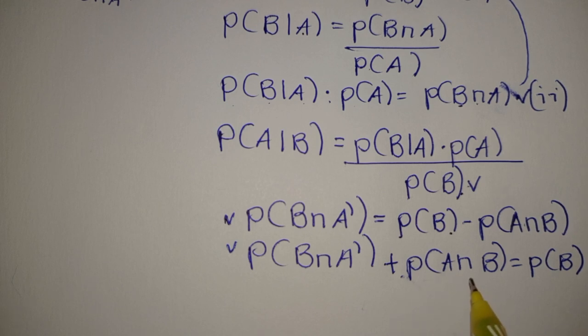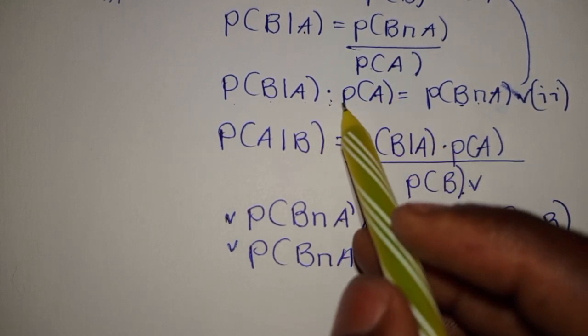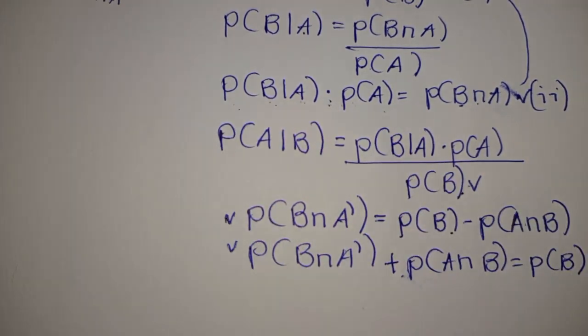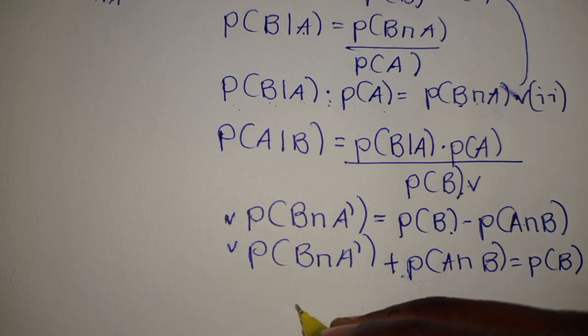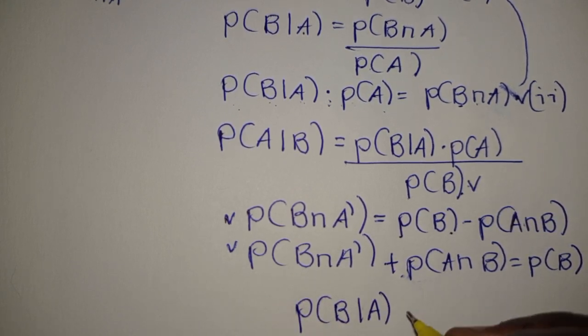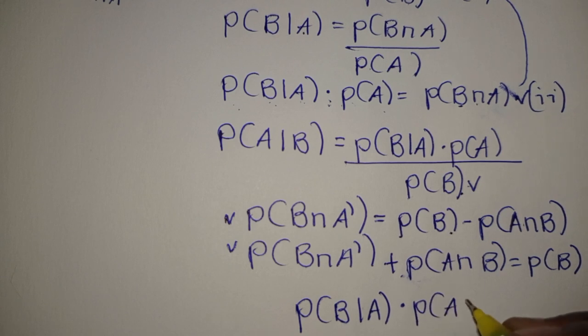The probability of A intersection B is what you had on top to be the probability of B given A times the probability of A. So this is also given by the probability of B given A multiplied by the probability of A.